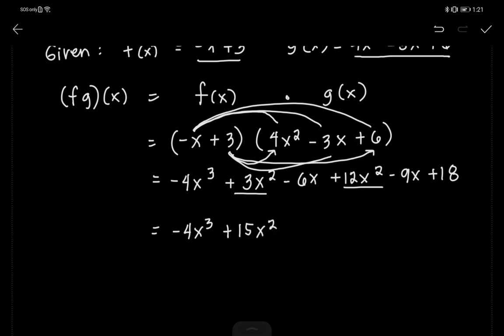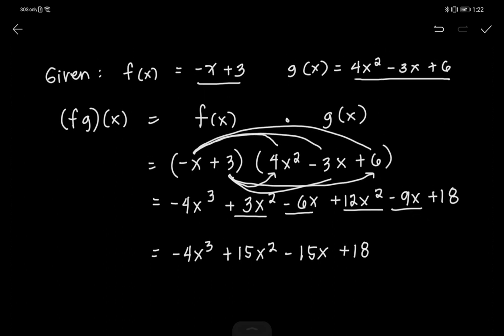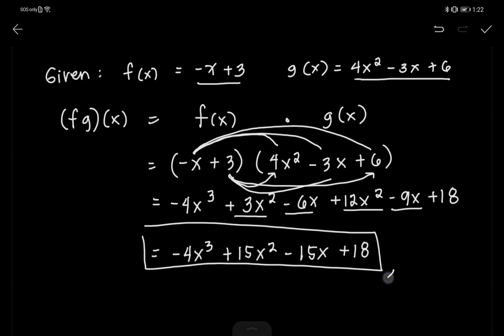Then for the x, we have here negative 6x, which is also a like term, and negative 9x. So we know this is equivalent to negative 15x. Then the constant is 18. So we have now the product of these two given functions, which is negative 4x cubed plus 15x squared minus 15x plus 18. So this is now our final answer.